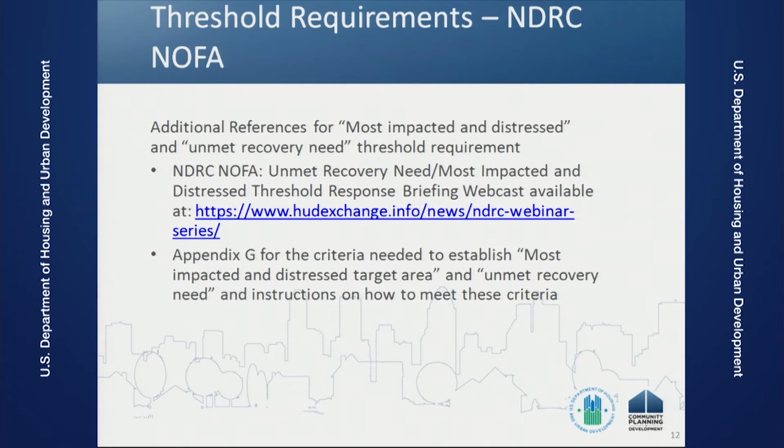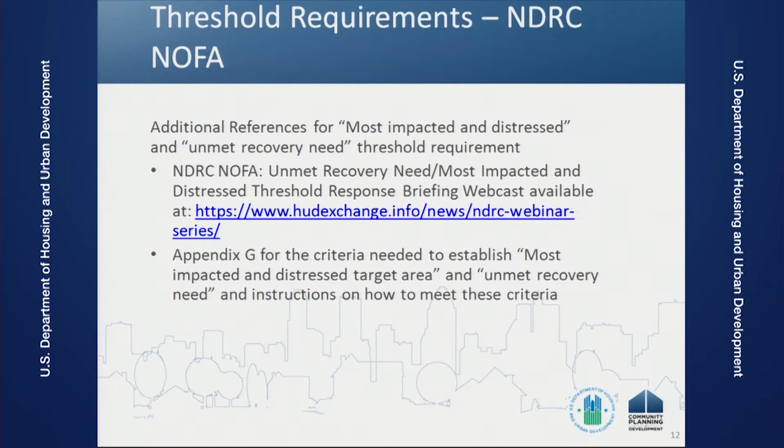These threshold requirements, the most impacted and distressed and the unmet recovery need thresholds, require very detailed showings, detailed responses from the applicant, supported by sound and reliable data. And that data is specifically described in Appendix G, related to engineering studies or those types of information. It's not a small hurdle to get over, I don't think. Or not an easy one, to me anyway, to understand.